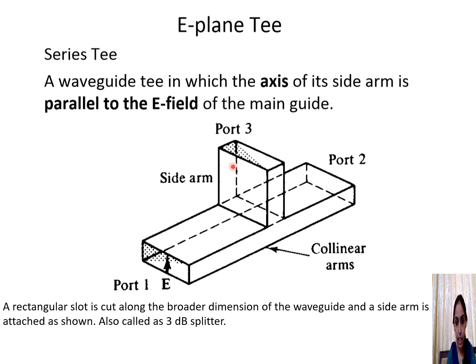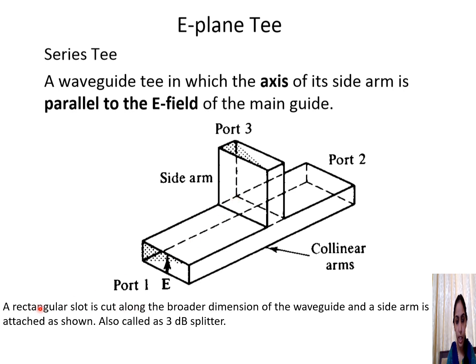This is the side arm, which is not in the same plane as port 1 and port 2. So from this figure, we understand how an E-plane T is constructed. That is, along the broader dimension of the waveguide, we attach a side arm.